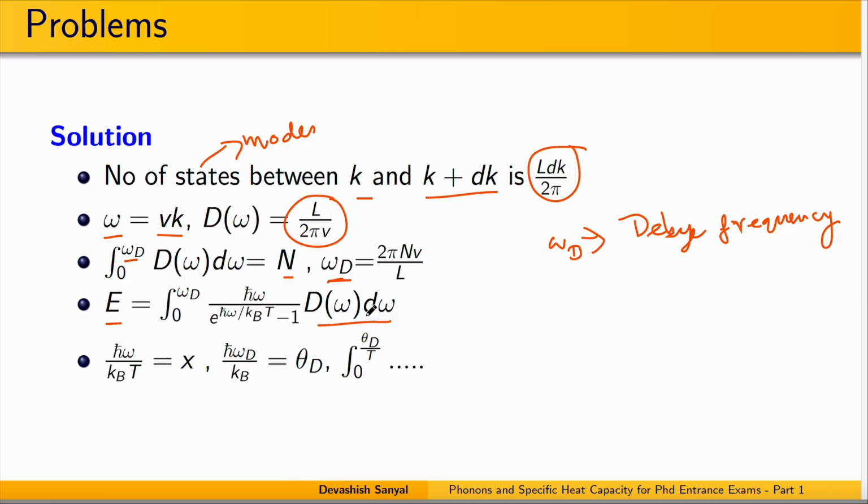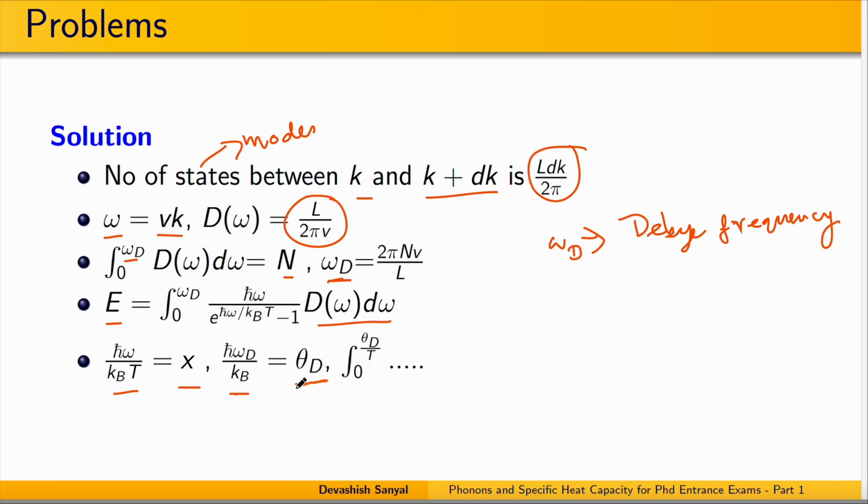Once we do this, we substitute dω from here, and to do the integration we substitute ħω by k_B T equal to x. And ħω_D by k_B has the dimension of temperature.